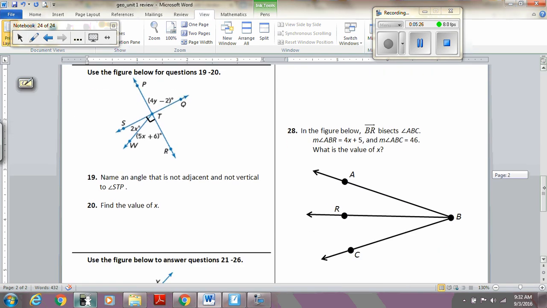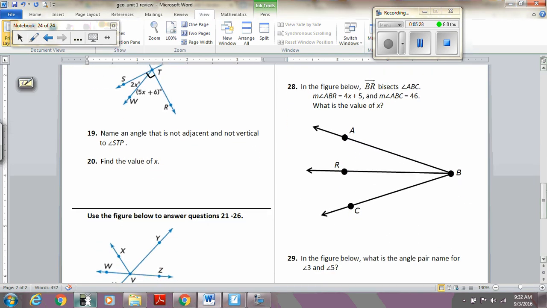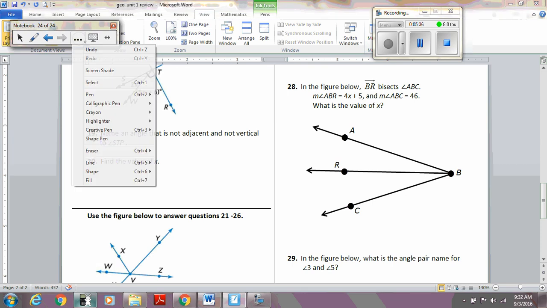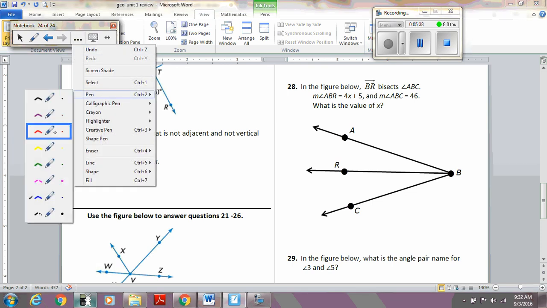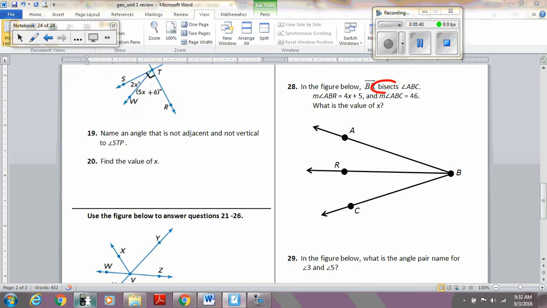28 says in the figure below, ray BR bisects angle ABC. So there's that word bisect again. So that means this little angle is the same as this little angle here. Then it tells us the measure of ABR, which is one of the small angles, is 4x plus 5.